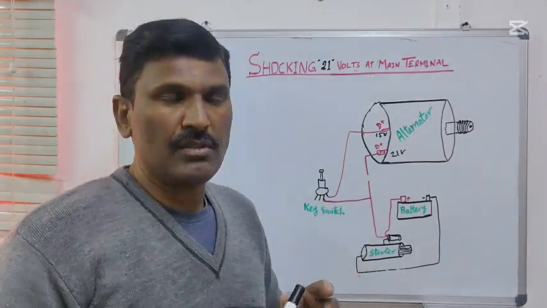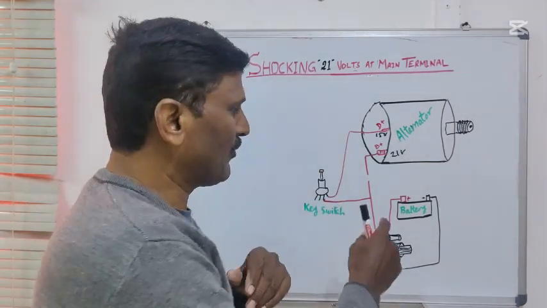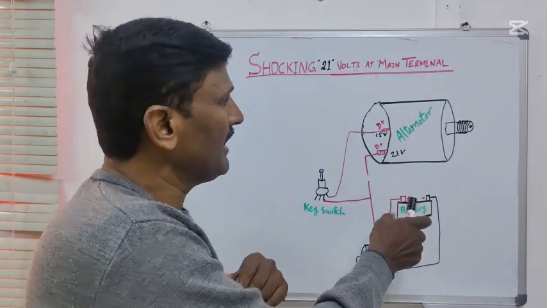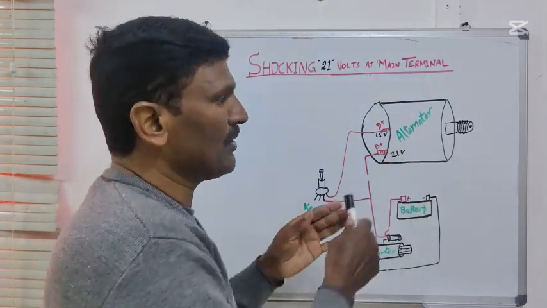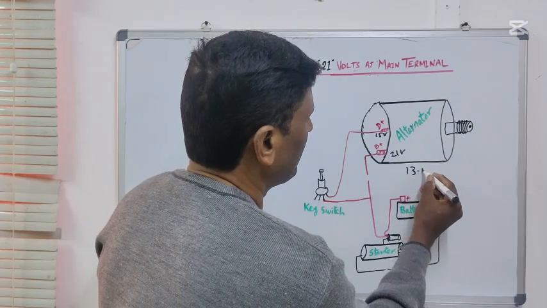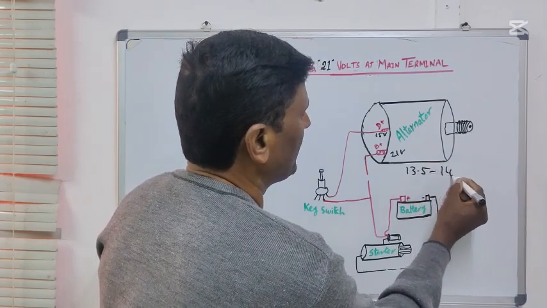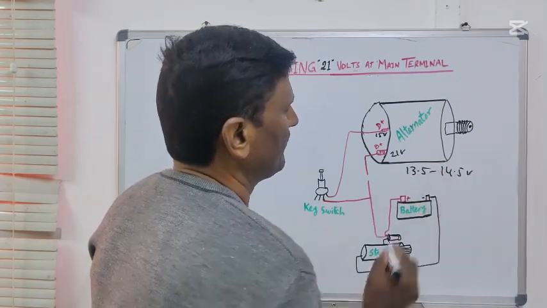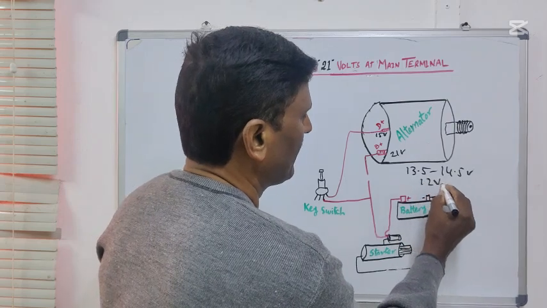As you know, in a normal 12 volt system, how much voltage does the alternator produce? 13.5 to 14.5 volts. This is a 12 volt system.